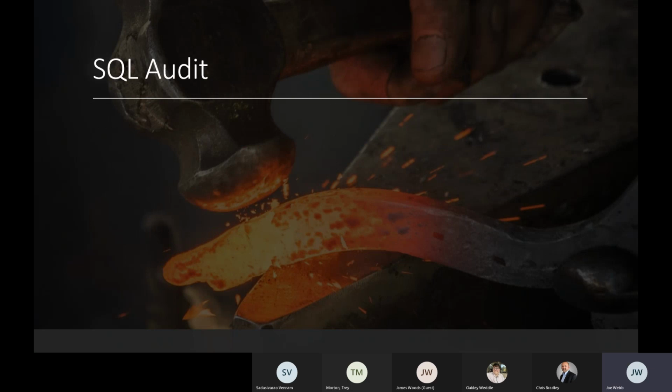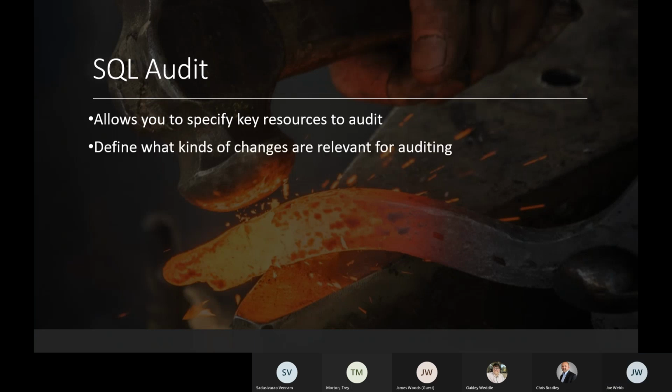So with SQL Audit, that sort of information can be gathered. It allows us to specify key resources to audit, so we don't have to turn on SQL Audit for everything on the database. We can define specifically which resources we're interested in.